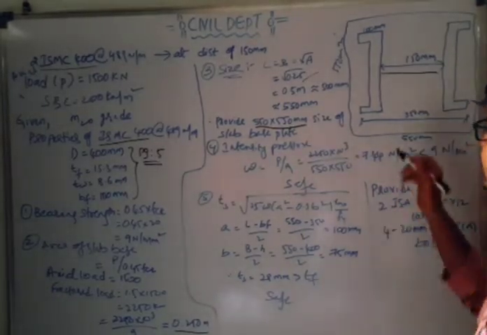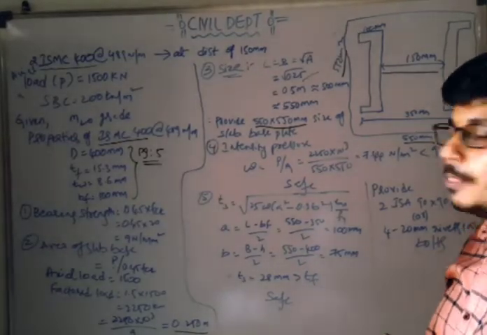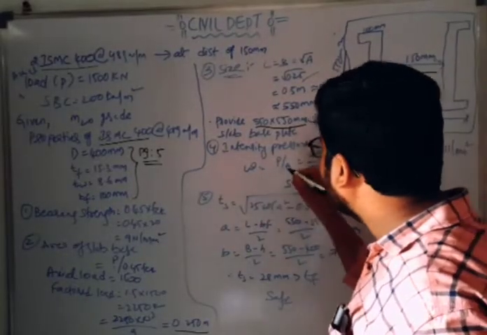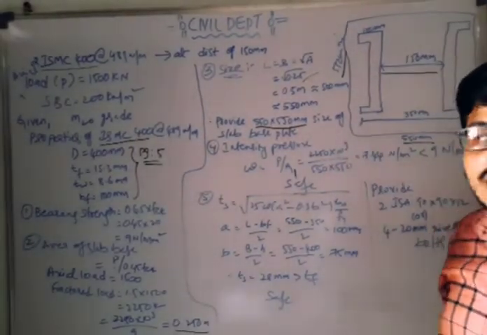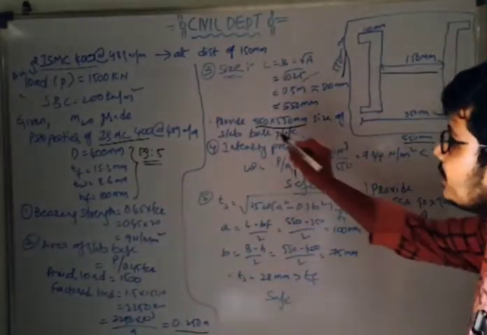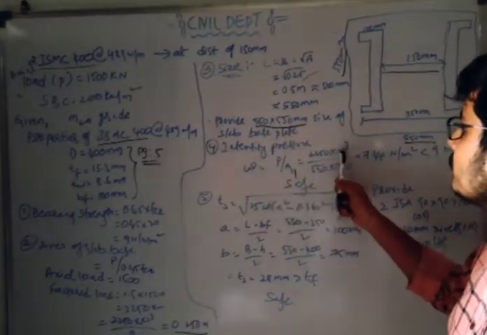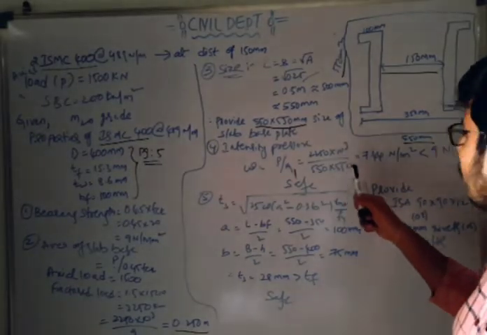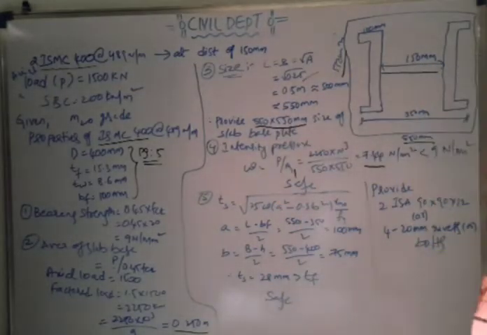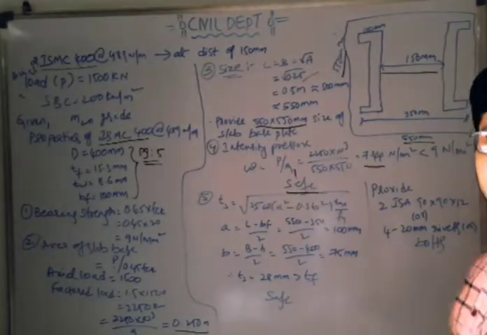Next, intensity of pressure, which we have discussed: w is equal to P by A1, where A1 is the provided area, the slab base plate of 550 by 550. So load 2250 into 10 cube by 550 by 550 gives 7.44, which is less than 9 Newton per mm square. Hence safe.